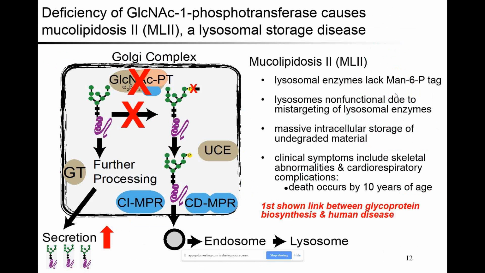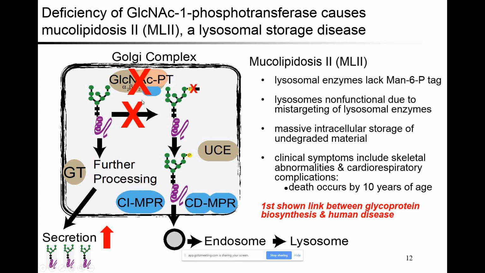Well, we know if we disrupt this process, it results in patients that have a disease called mucolipidosis 2, which is a lysosomal storage disease. What happens in patients with this disease is that the defect is in the enzyme that puts on the tag. It's a defect in the glycosyltransferase, the writer, that makes the mannose-6-phosphate tag.